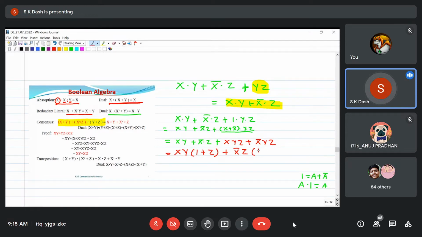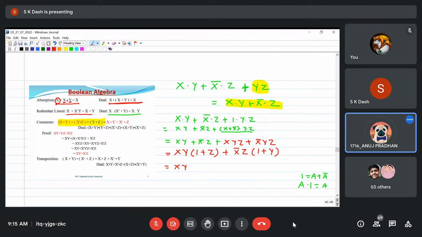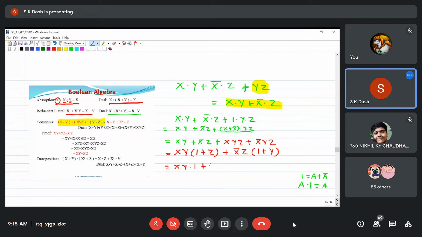If we take x bar z common, this will become x bar z into (1 plus y). So what is the value of 1 plus z? This is equal to 1 only. Similarly, 1 plus y is also 1. So xy dot 1 is the same as xy, plus x bar dot z.